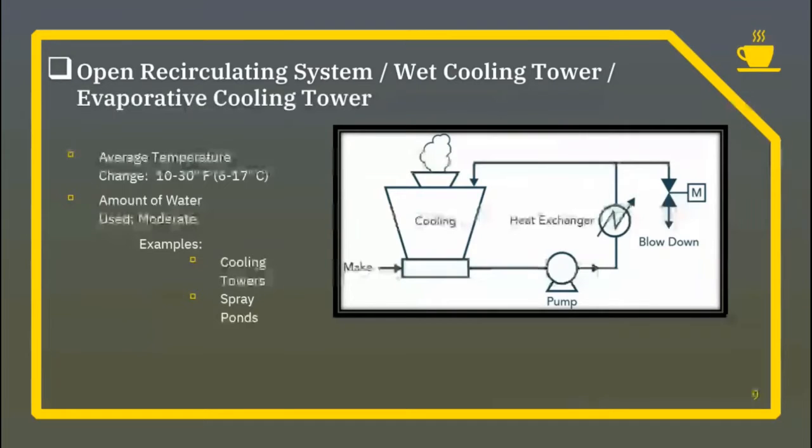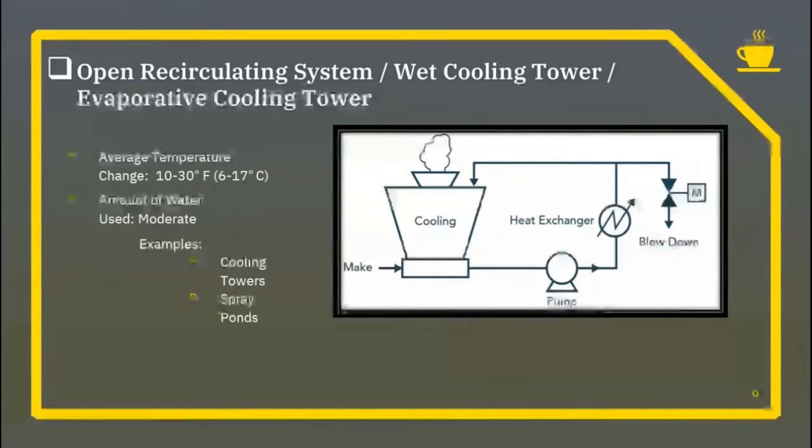Just as in closed recirculating systems, the open system uses the same water over and over again. Its most visible feature is the large outer cooling tower that uses evaporation to release heat from the cooling water. Due to the mechanism, this type of cooling tower is also called an evaporative cooling tower.